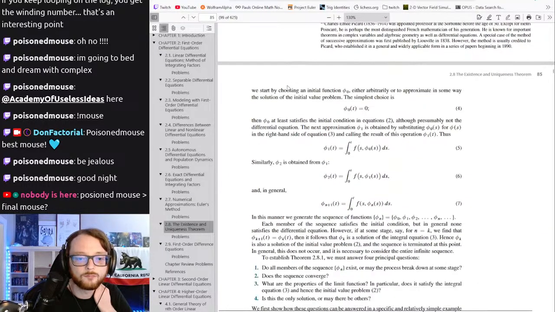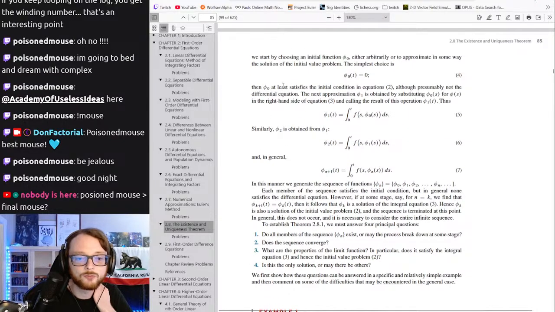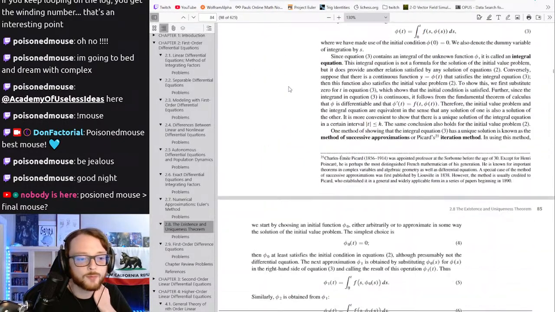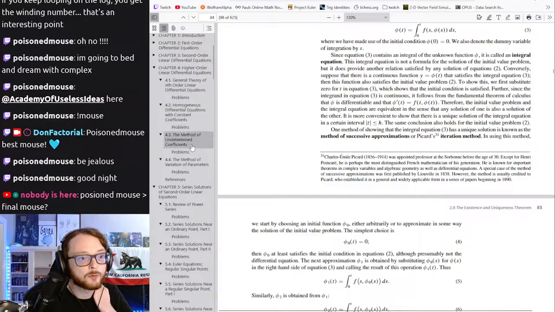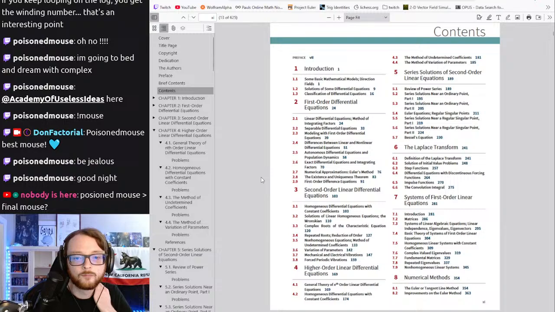Actually, maybe reading through a proof isn't a good idea. I should do this off stream. Maybe I should actually pull a problem to do. Series solutions are kind of fun.